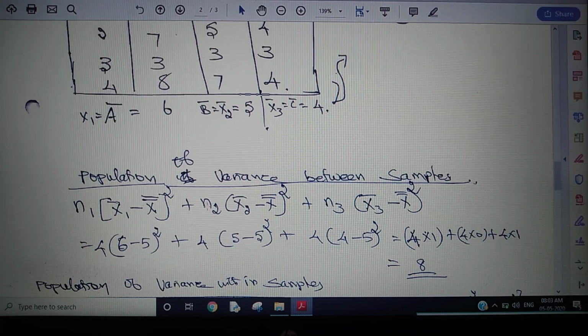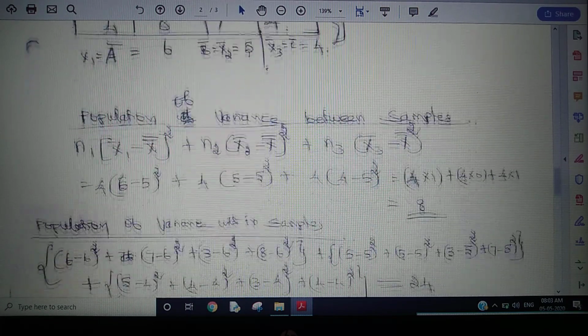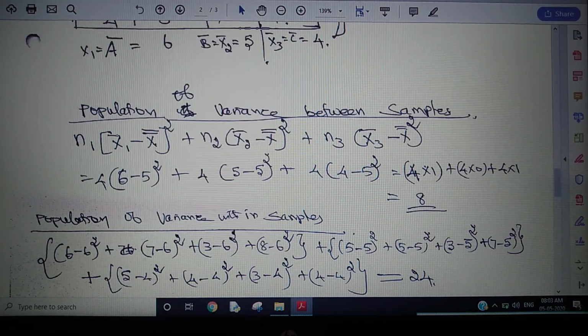Then x2 bar is 5 and x double bar is 5, so 5 minus 5 whole square into 4. Then 4 minus 5 whole square. So the population variation between samples is 8.